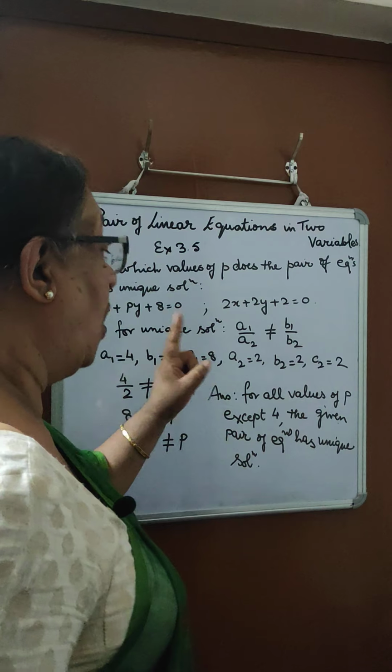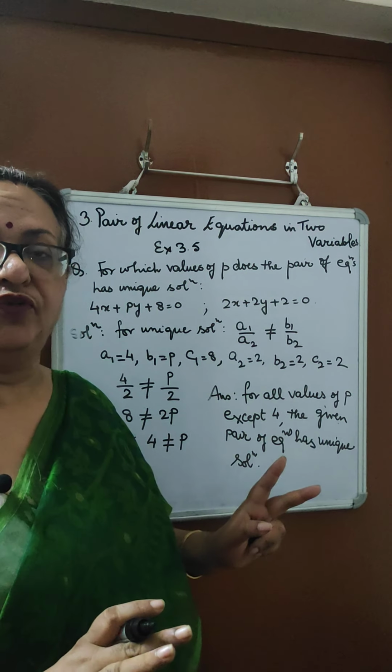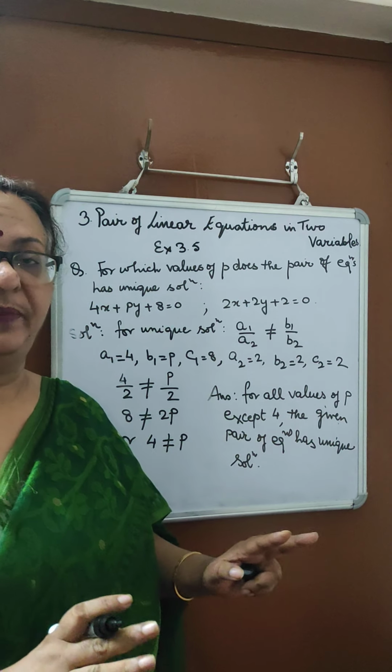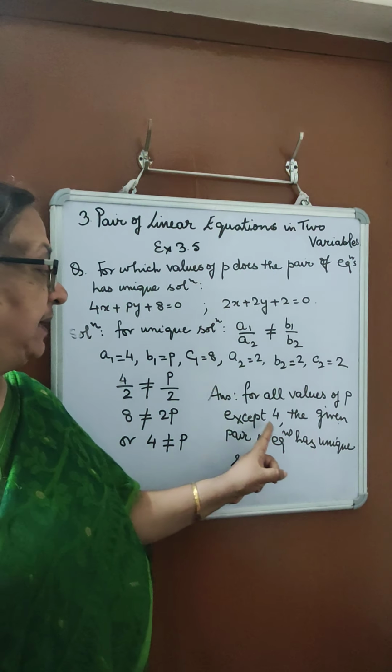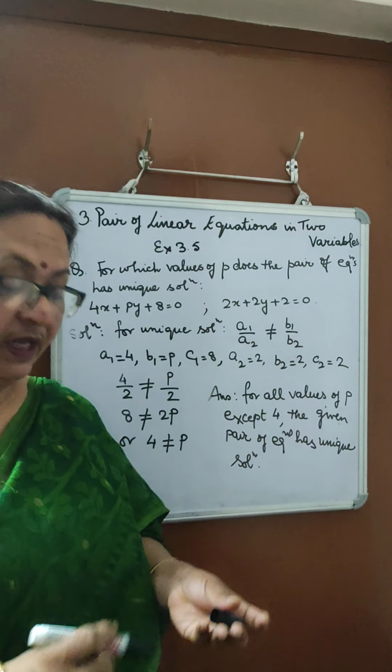Understood? For all values of p, since we got p is not equal to 4, so all values of p except 4, this given pair of equations will have a unique solution.